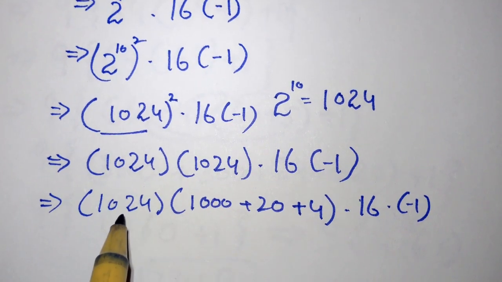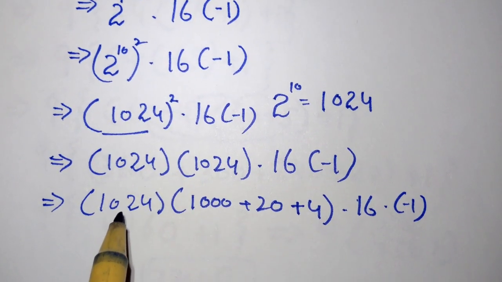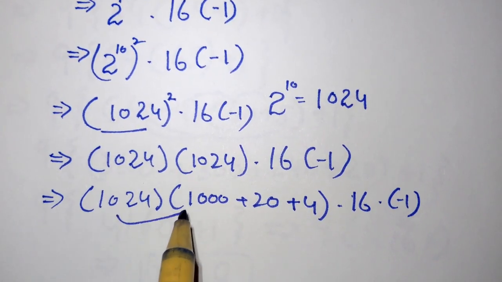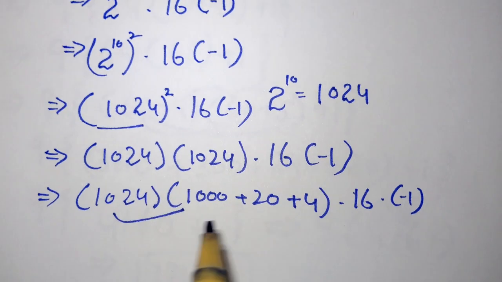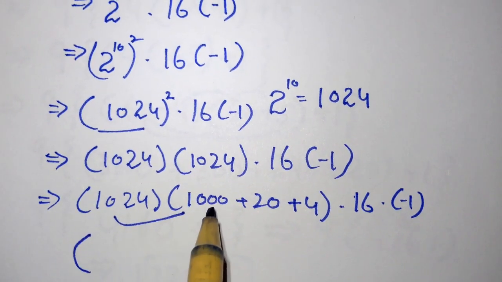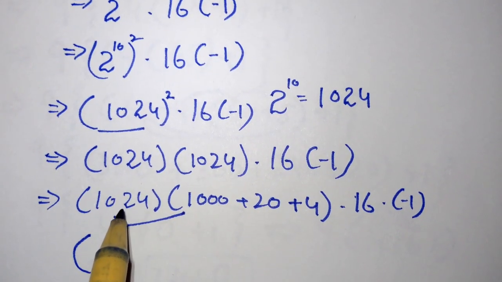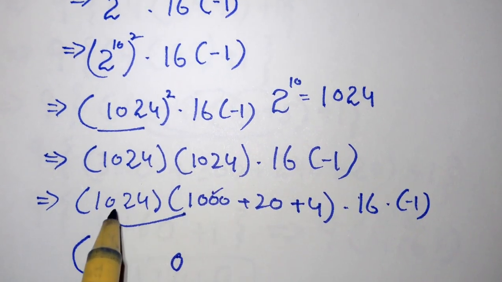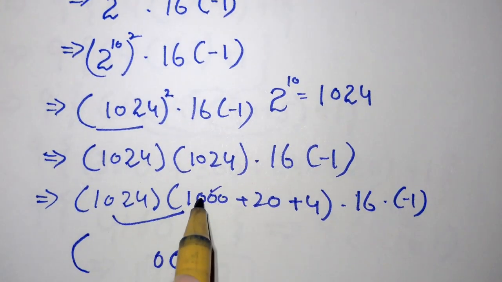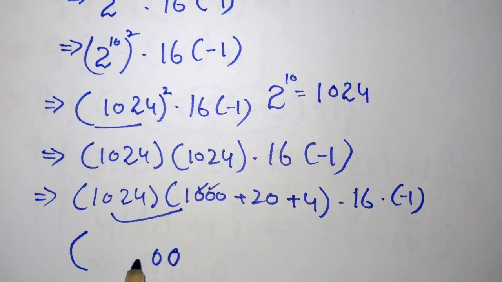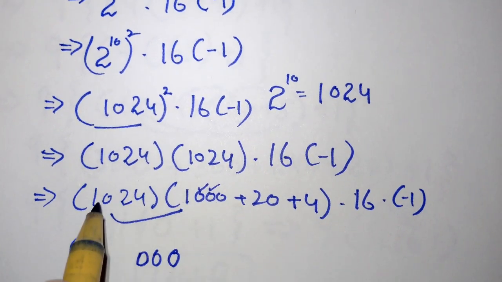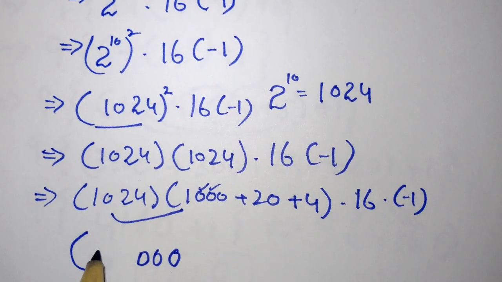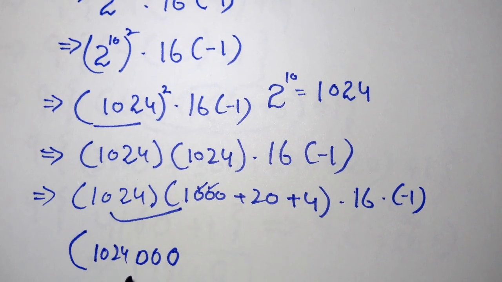Now we have to multiply 1024 with 1000, then with 20, and then with 4. So 0 multiply 1024 will become 0. 0 multiply 1024 will become 0. 0 multiply 1024 will become 0. 1 multiply 1024 will become 1024.